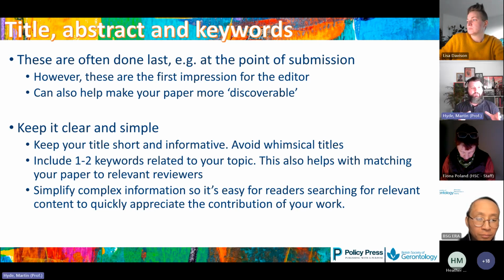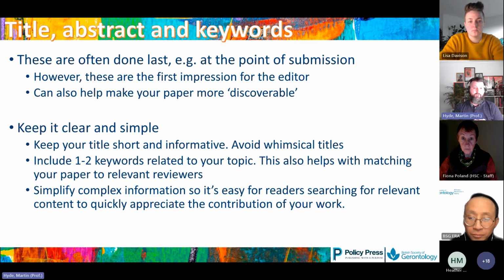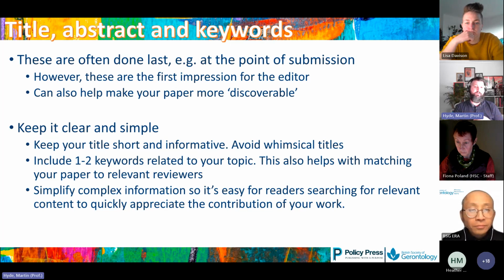So thinking about how to do this, I would say titles should be short and informative. Say what it does, say what you're looking at. I think there was a trend when I started in academia of incredibly long, whimsical, very knowing titles that no one outside of a very small niche in the field would actually understand.